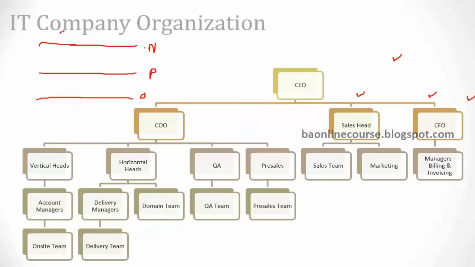Then there are a different set of teams called verticals. Verticals are industry focused. So there would be a banking vertical, an insurance, a retail, a healthcare, and a media vertical. Each industry would have different requirements.